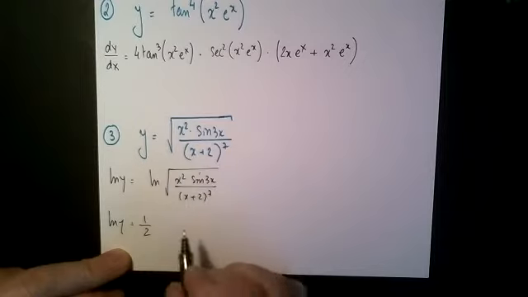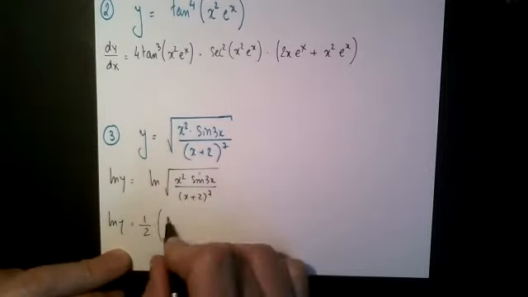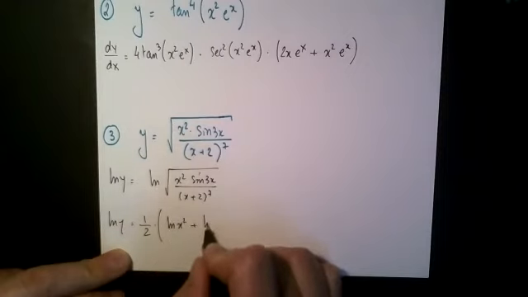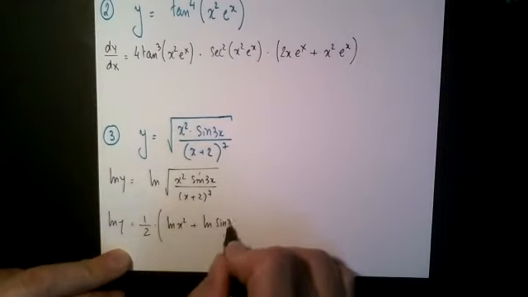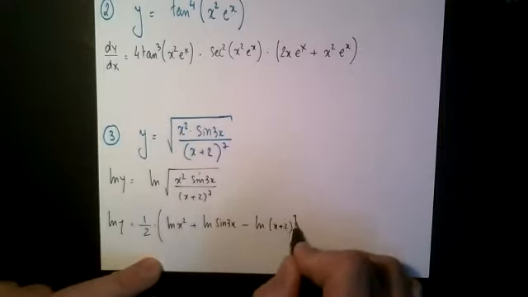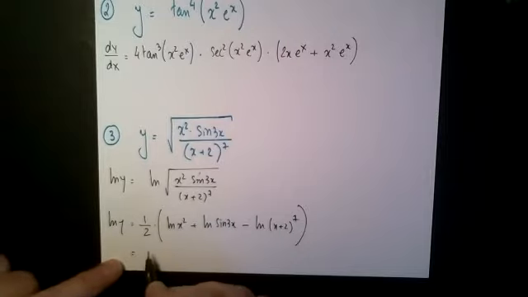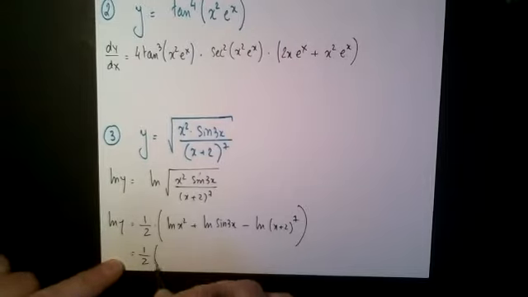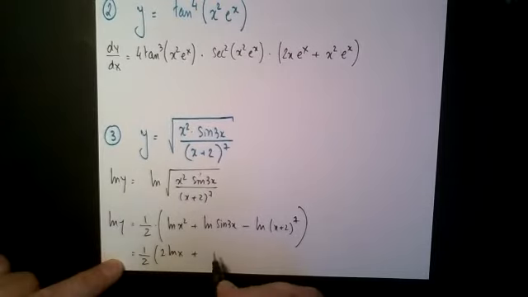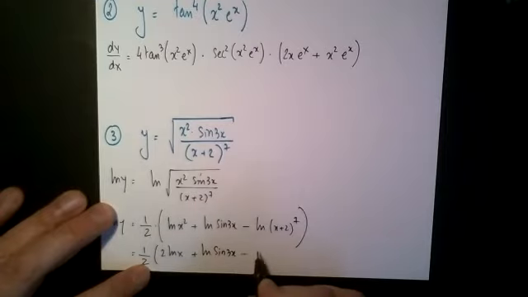Because everything's to the power of a half, times ln of x squared plus ln of sine 3x minus ln of x plus 2 to the power 7. Okay, and that is equal to 1/2 times 2 ln x plus ln of sine 3x minus 7 ln of x plus 2.